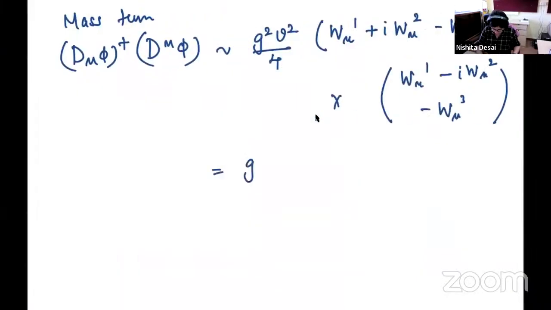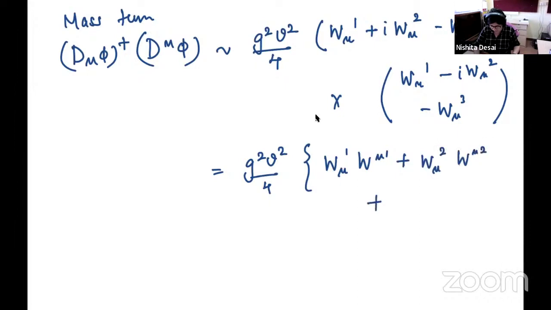Which means this is g squared v squared by 4 times W1 W1, plus W2 W2, plus W3 W3. Okay. So what this is doing is it is giving you 3 gauge bosons, all of them having the same mass, given by this.